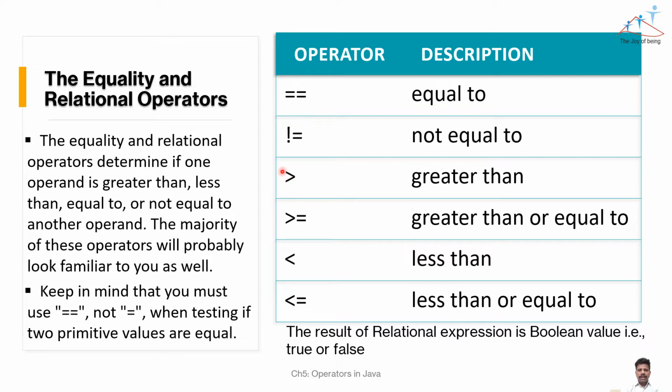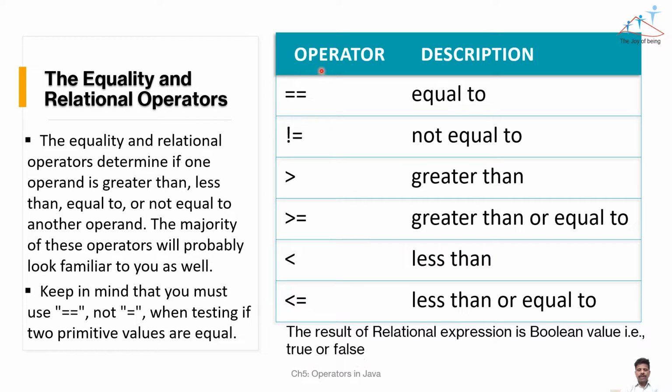This is greater than, which is similar to real mathematics or life. Then greater than or equal to, less than, and less than or equal to. All these operators are used for comparing two values. The result of a relational expression is always a Boolean value, that is either true or false.